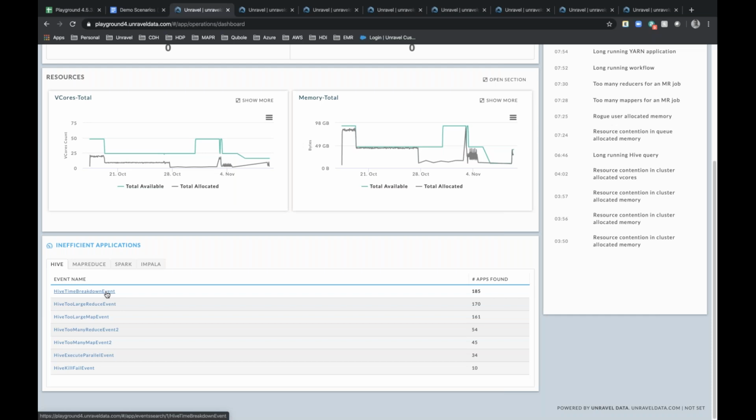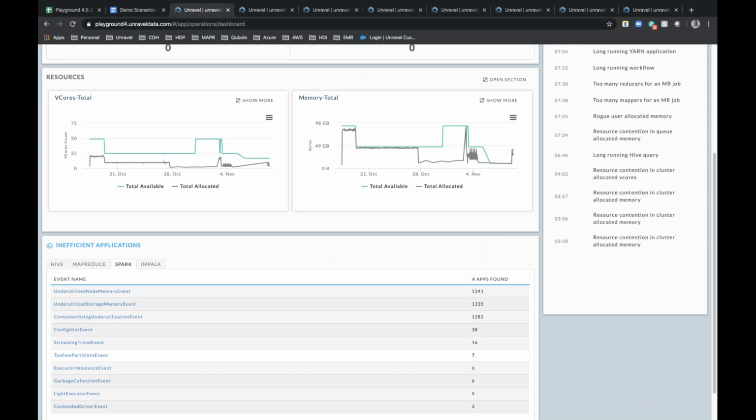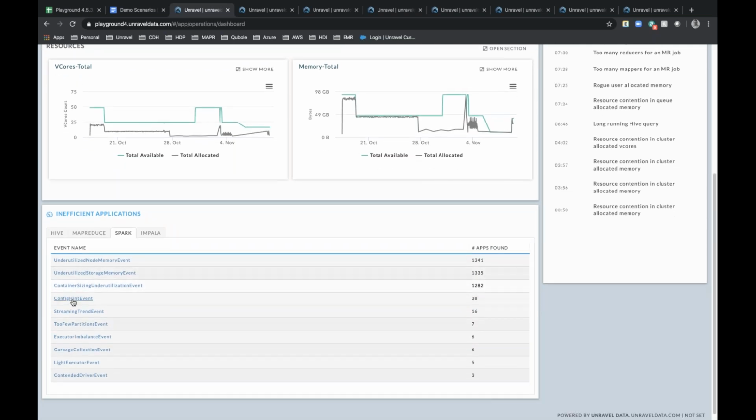We take this data and run it through a machine learning pattern, and we look for inefficiencies. We can detect Spark events with inefficiencies, such as too few partitions, or underutilization of storage, or memory utilization issues.